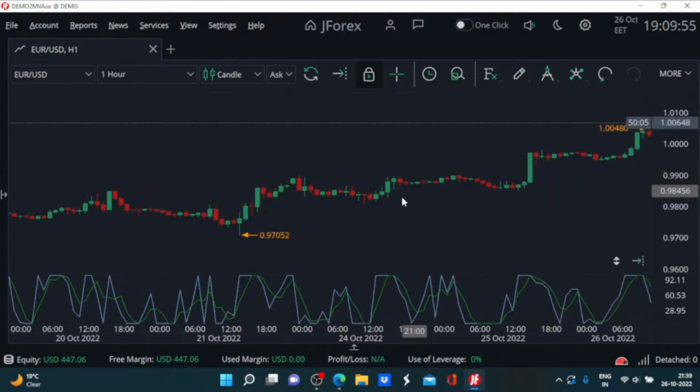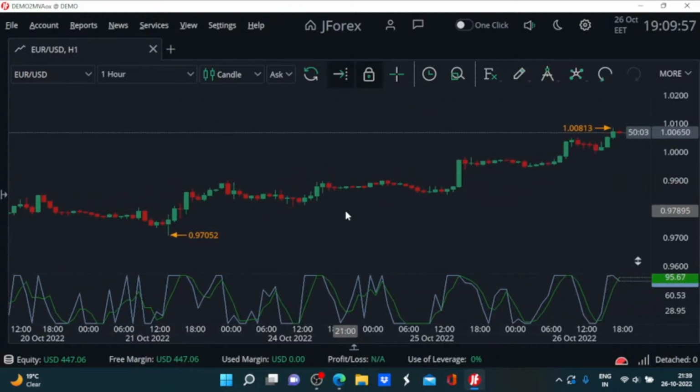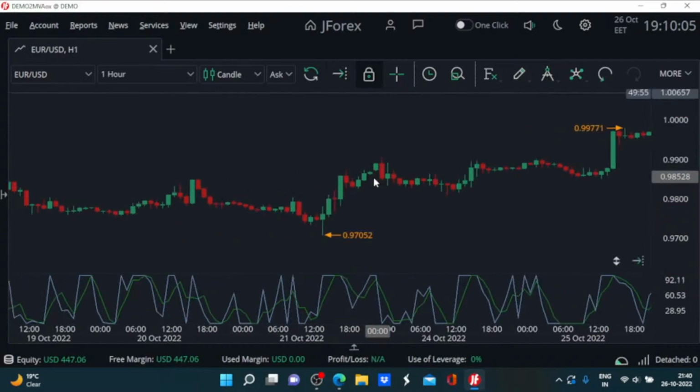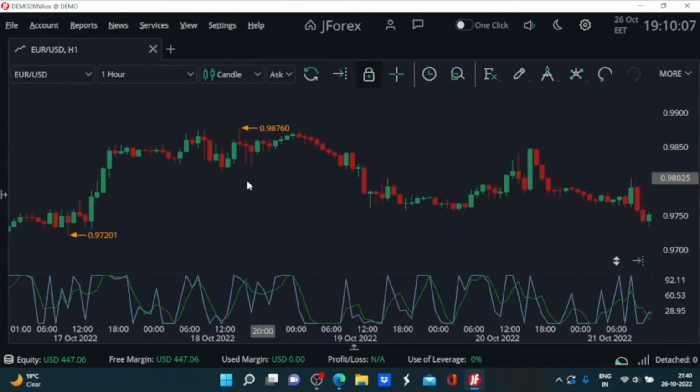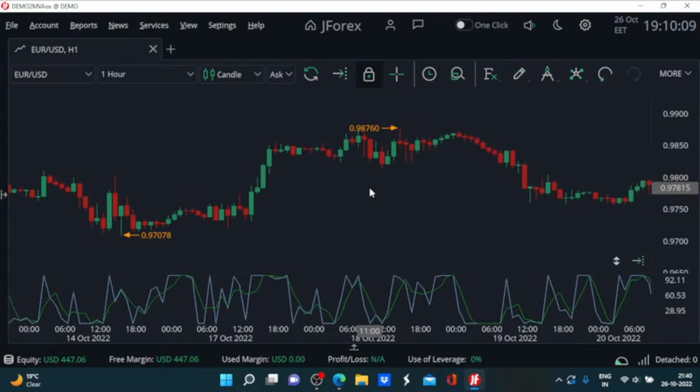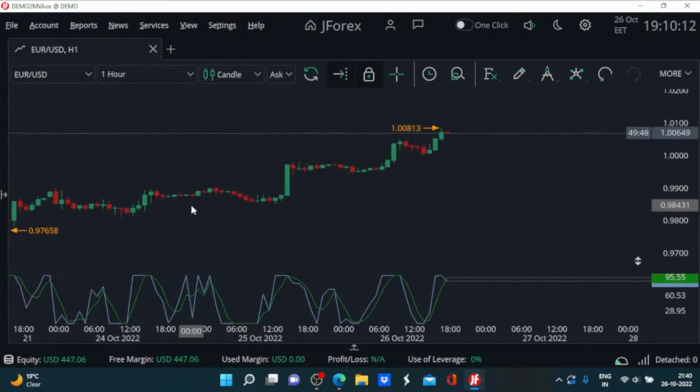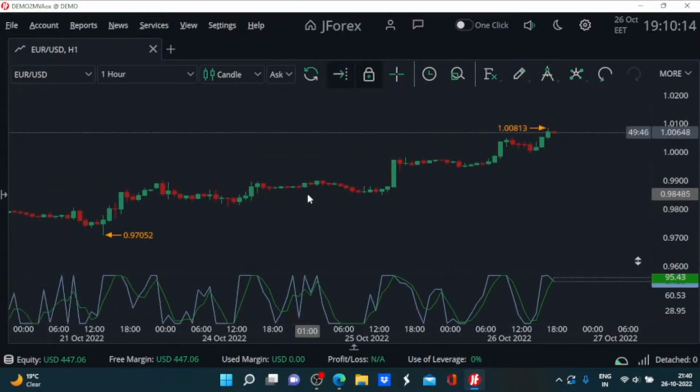Of course, it is not a foolproof method, but still I think to some extent it is better compared to the stochastic indicator. So stochastic RSI is, I think, a little bit better in its use, if not fully better. So that is one advantage of working with the stochastic RSI.